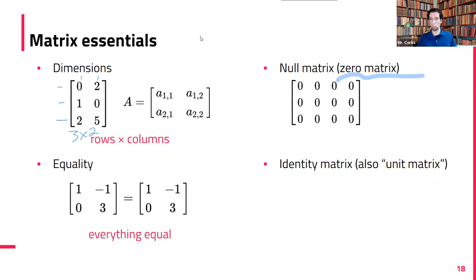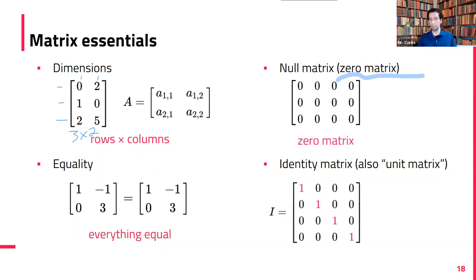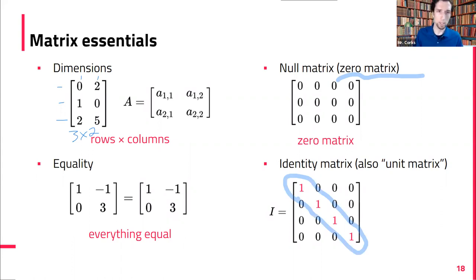Okay, so 1s in the main diagonal and everything else is 0. So it must be square, does not need to be 4 by 4. It can be 5 by 5 or 2 by 2 or anything, but we'll have 1s in the main diagonal and 0s everywhere else. When we talk about addition and multiplication today, we'll see exactly why we care about these two things.